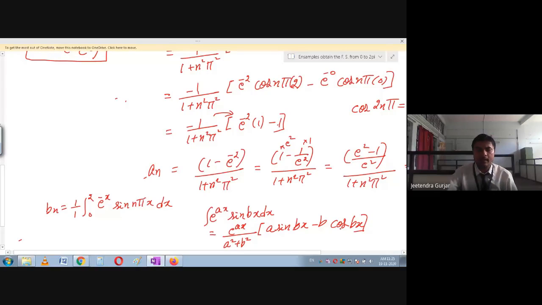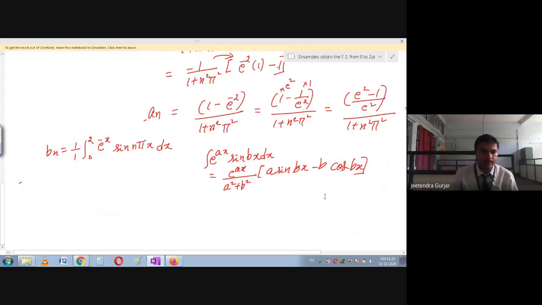So please identify what a and b are. You can easily identify, students: a, I have to take here as minus 1, and b will become n pi. So this is our a and this is our b. If you identify these two, then you can substitute the values.